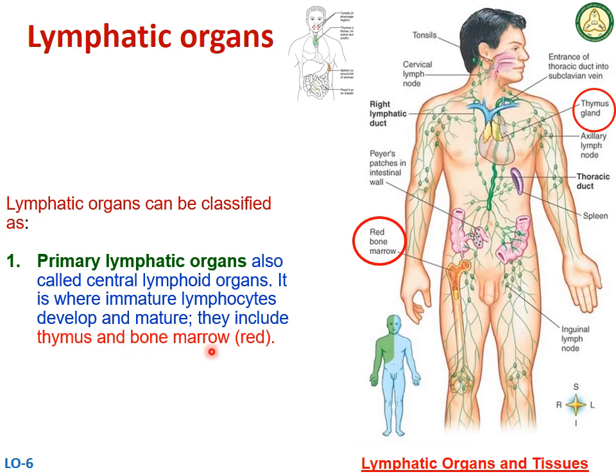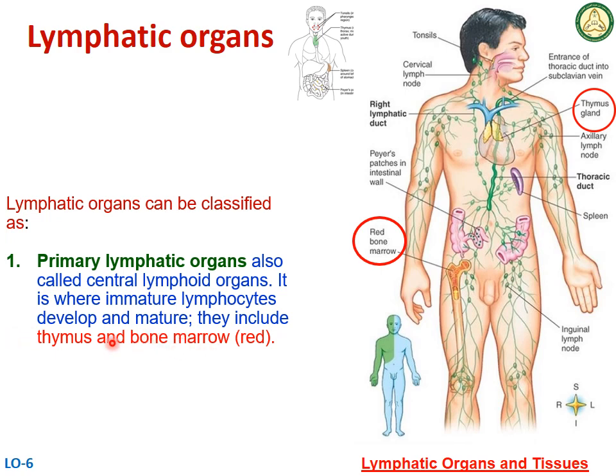The T and B lymphocytes usually mature in early life in these two structures. Thymus, T cells; bone marrow, B cells usually. Which bone marrow? Red bone marrow. It is active bone marrow in children.